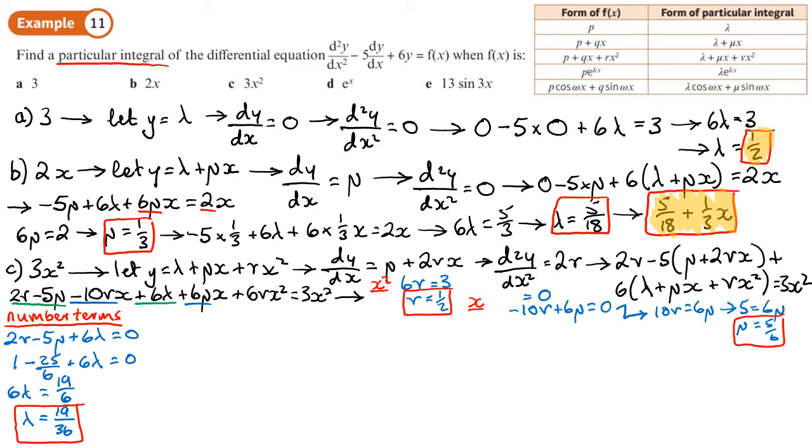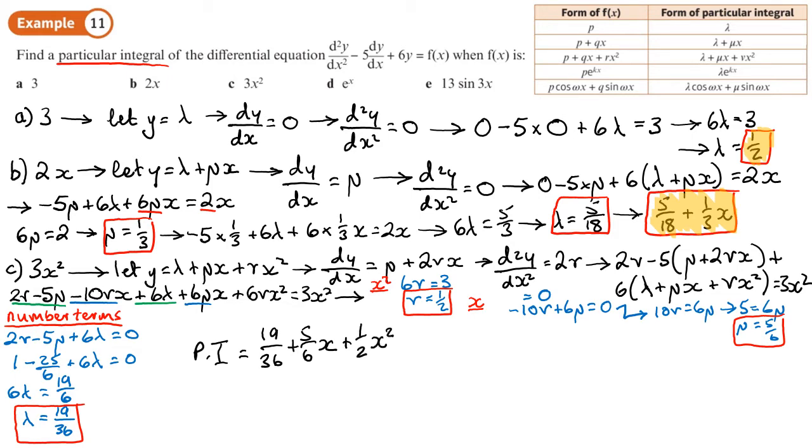So our particular integral, when we replace lambda, mu and nu with the values that we've got, will be, so pi equals lambda, which is 19 over 36, plus mu x, so that's going to be 5 over 6x, plus nu x squared, so it's going to be half x squared.